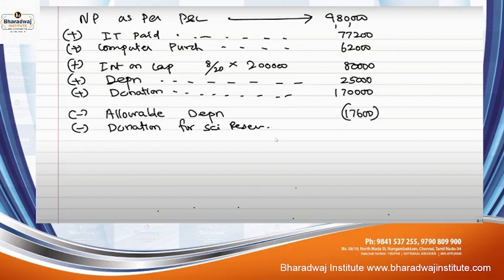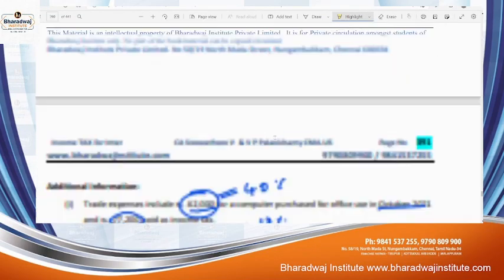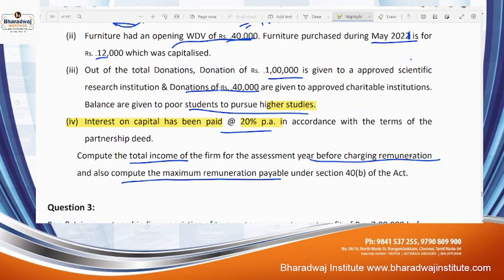We can claim the allowable ones later. Then allowable depreciation how much? 17,600. Less which one? Donation for scientific research can be claimed earlier. Look at the donation. How much is given for scientific research? 1 lakh. This 1 lakh can be claimed. What about the approved charitable institution? That will come in 80G.